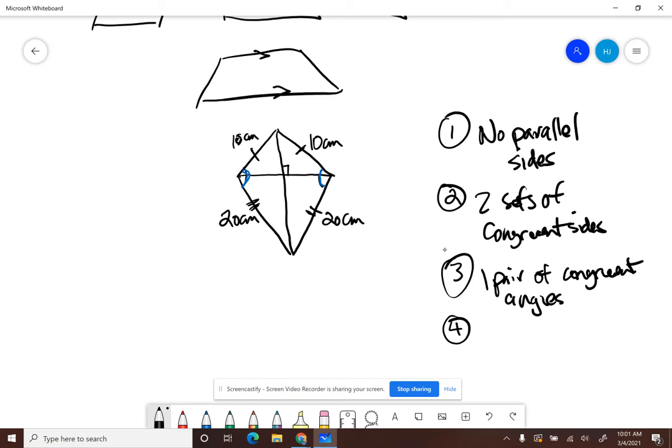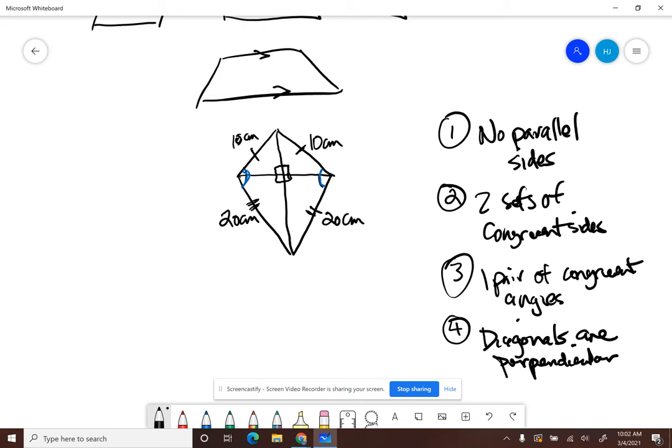So how do we describe that? Well, the diagonals are perpendicular. Okay, so the diagonals are perpendicular. As a matter of fact, we could go ahead and say that this is 90 degrees everywhere on the inside of this. Okay, so they're 90-degree angles all on the inside of this kite.